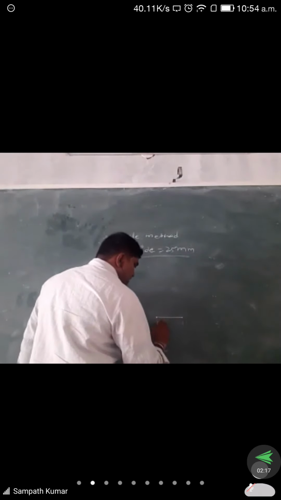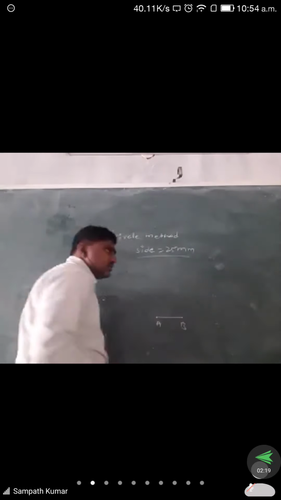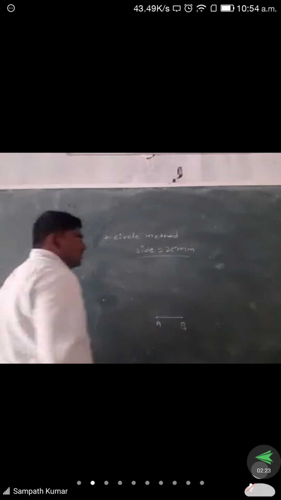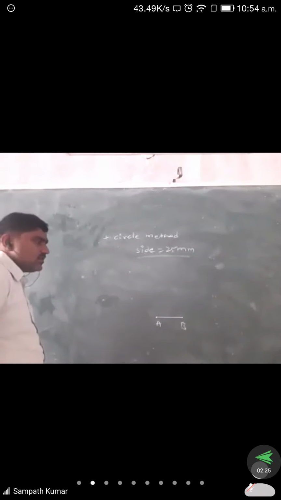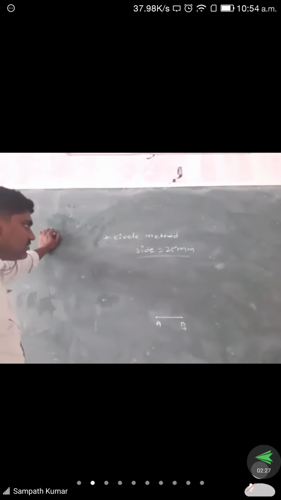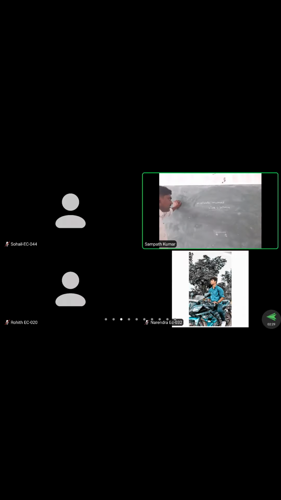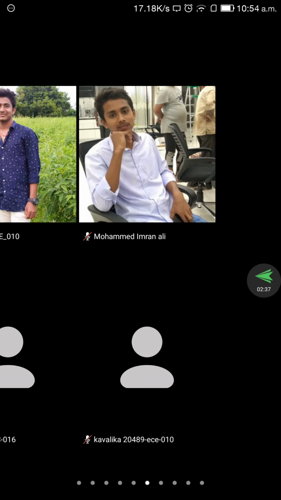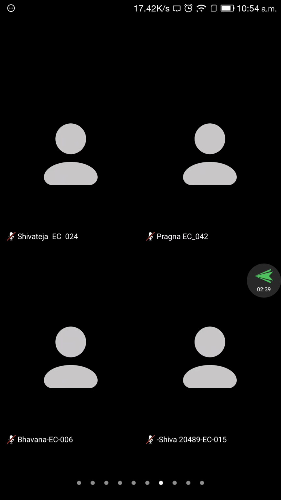AB is equal to 25 mm. The side has two endpoints, point A and point B. For a triangle, all sides are equal. Then A as a center, 25 mm as a radius, draw the arc.